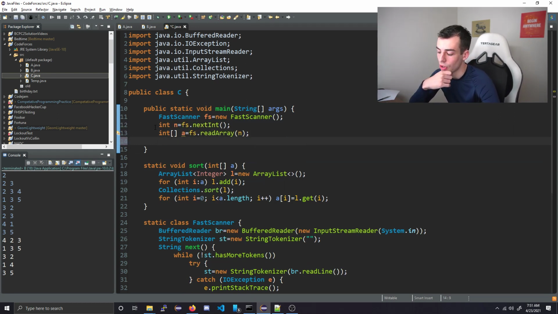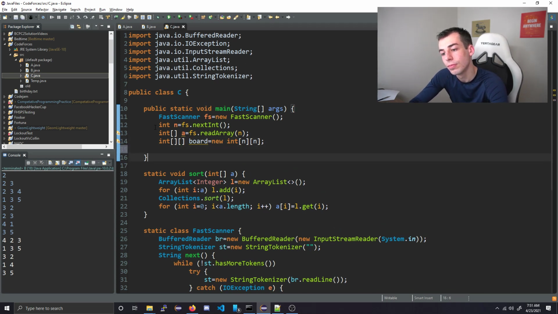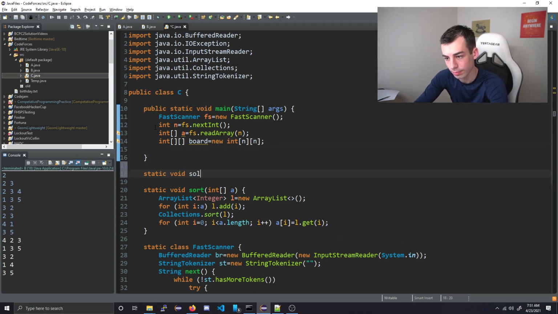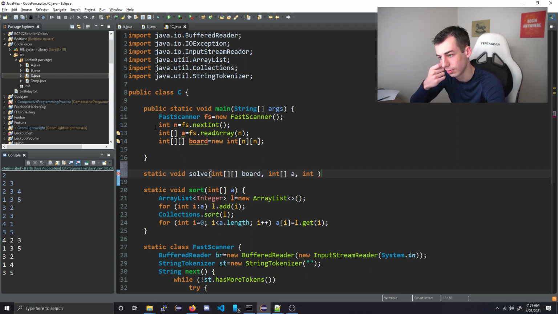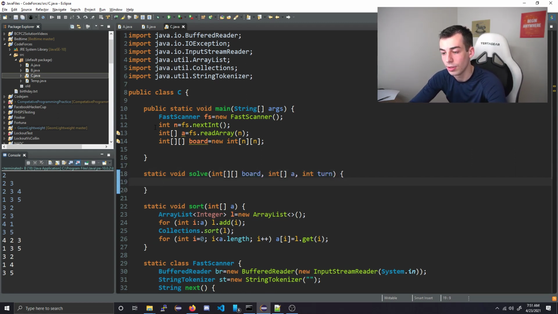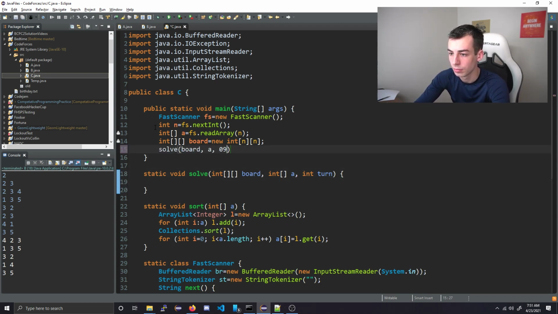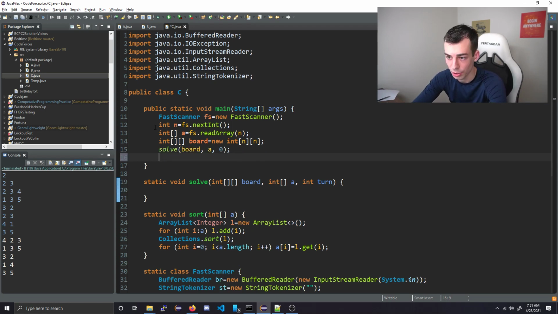I guess we can just solve it with an array of size n. So then, yeah. So we'll solve it, then we need to print the answer.